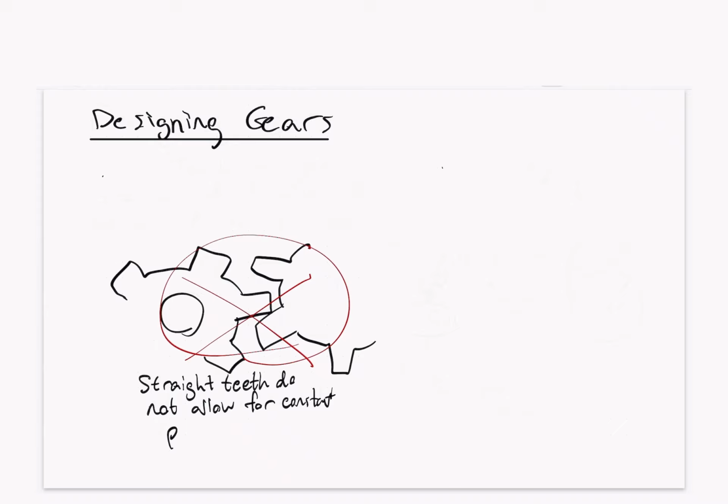So we're going to let ourselves know that the teeth on the gears need to be curved in order to allow for a constant gear ratio.